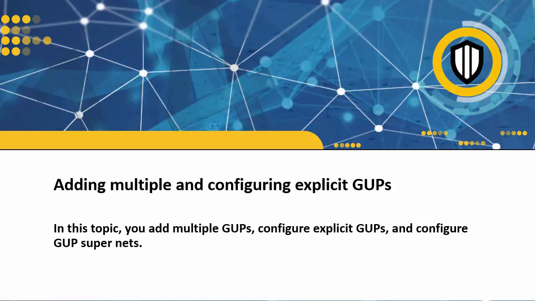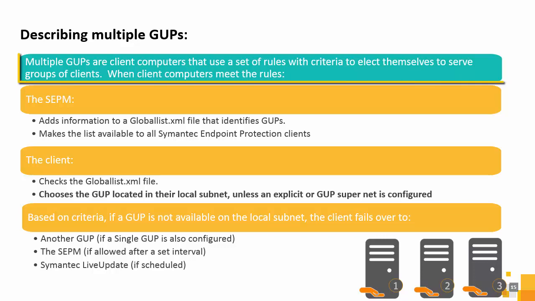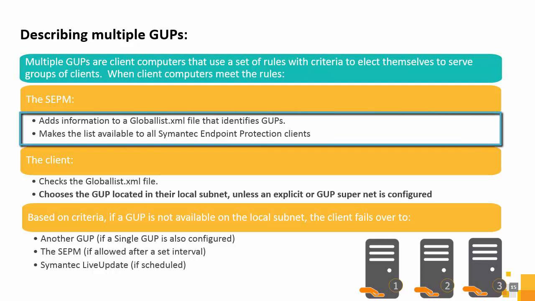This is the adding multiple and explicit GUPs topic. Multiple group update providers are client computers that use a set of rules to elect themselves to serve groups of clients within their local subnet. When client computers meet the rules, the SEPM adds the client computers to its list of GUPs in the global list.xml file that is located in the folder shown on the slide and makes the list available to all Symantec Endpoint Protection clients.